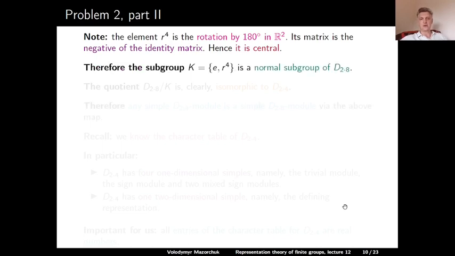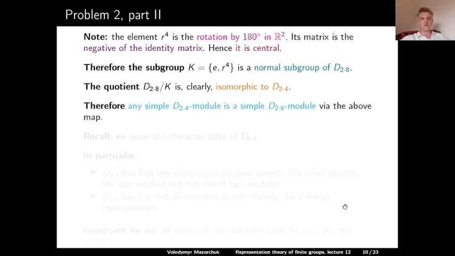So the subgroup K consisting of the identity and R to the power 4 is a central subgroup. In particular, it's a normal subgroup of D2 times 8. And the quotient of D2 times 8 by this subgroup is again isomorphic to D2 times 4. This is very similar to the group SD16.